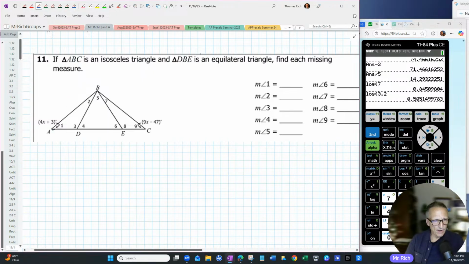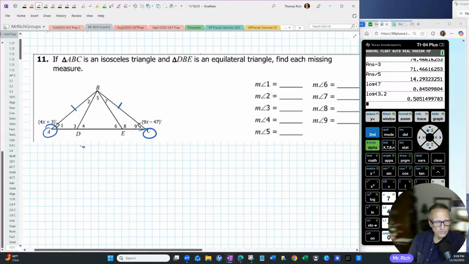So that bigger outer triangle here that we're looking at is isosceles. And therefore, we can make the assumption that AB and BC are of the same length, in which case angles A and C would be congruent angles.